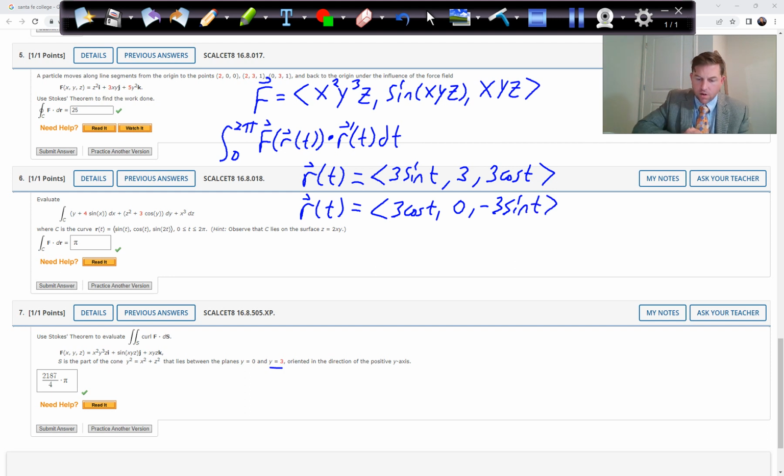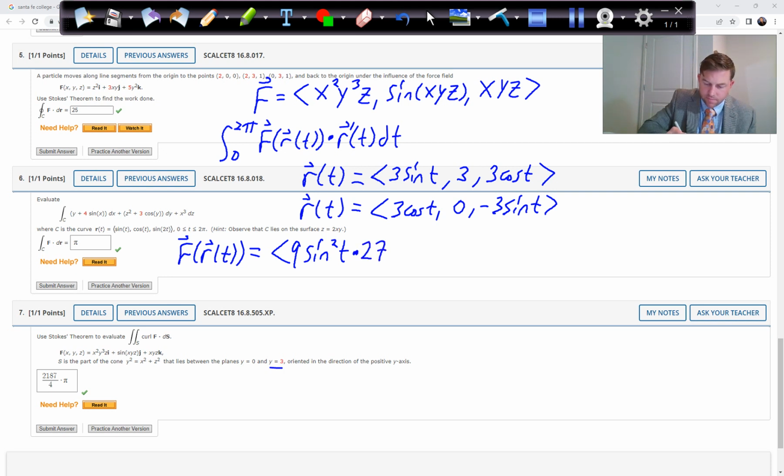The harder part is replacing F with this r of t. So x squared is now going to be 9 sine squared t. But then it's times y cubed. Y cubed is going to be 27. But then it's times z, and z is 3 cosine t.